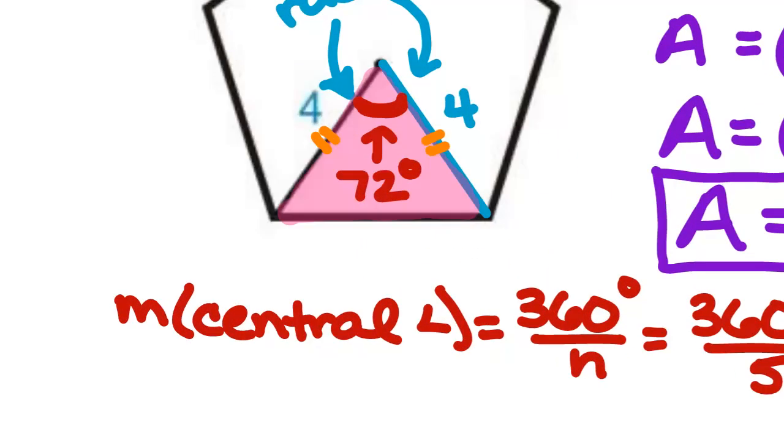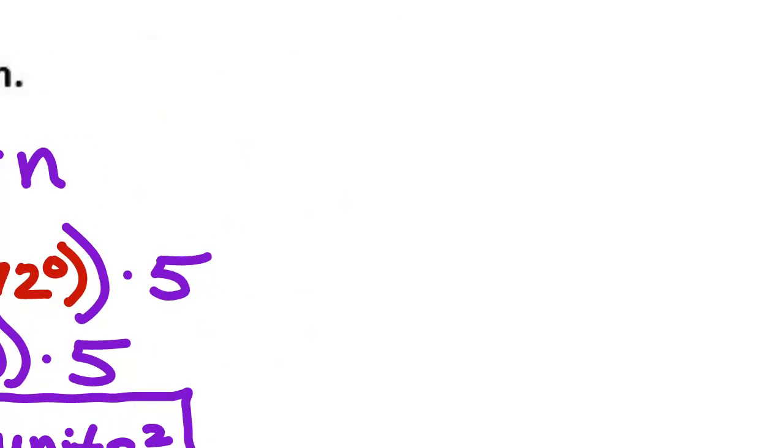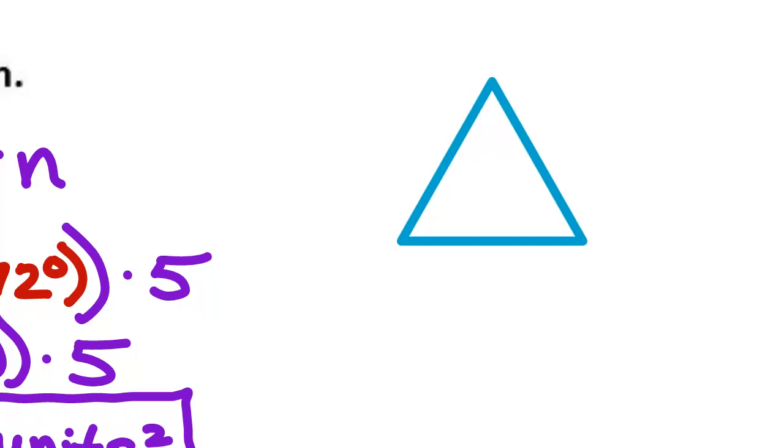To find the perimeter, I need to know the length of this side right down here. So I'm going to redraw this little triangle over here. So there's my triangle. I know that these two sides are the same size.